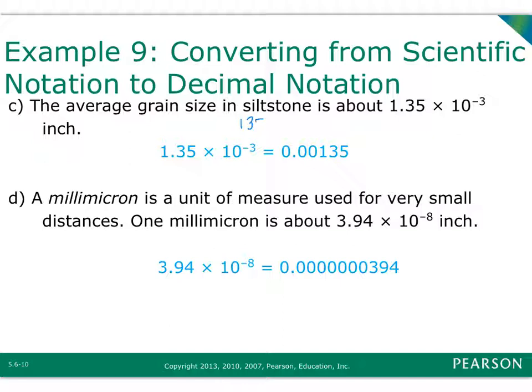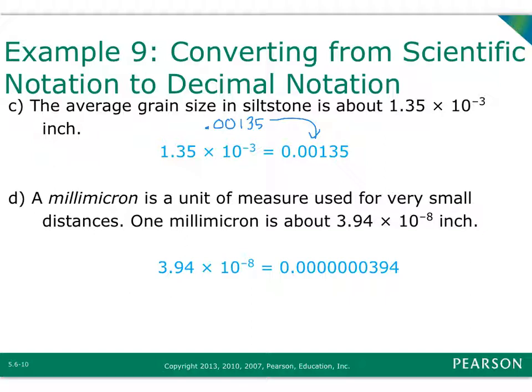We're moving the decimal 1 over to the right, so we have to subtract off the minus 3 to make it now minus 2. So now we just add 2 zeros and we put a point there. So now we have 0.00135 inches.